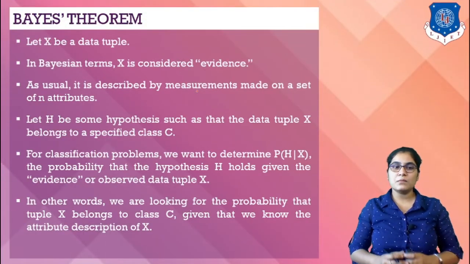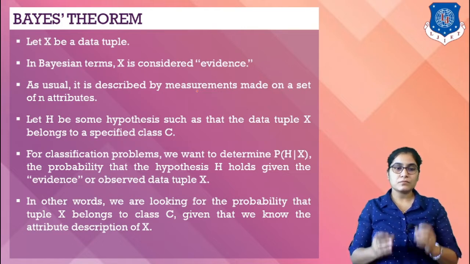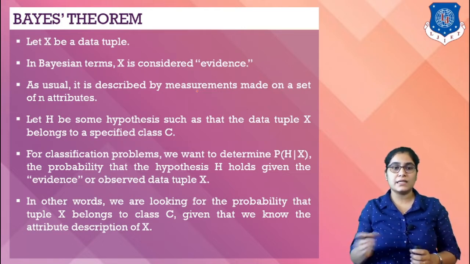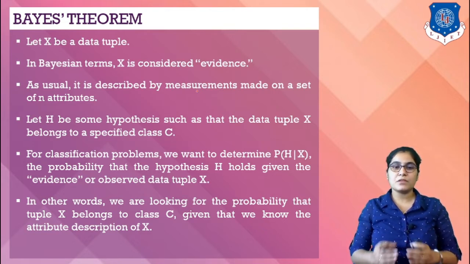But before understanding Bayes' theorem, we first need to be familiar with the basic notations. So let's assume that X is a data tuple. In Bayesian terms, X is considered evidence. As usual, it is described by measurements made on a set of n attributes.